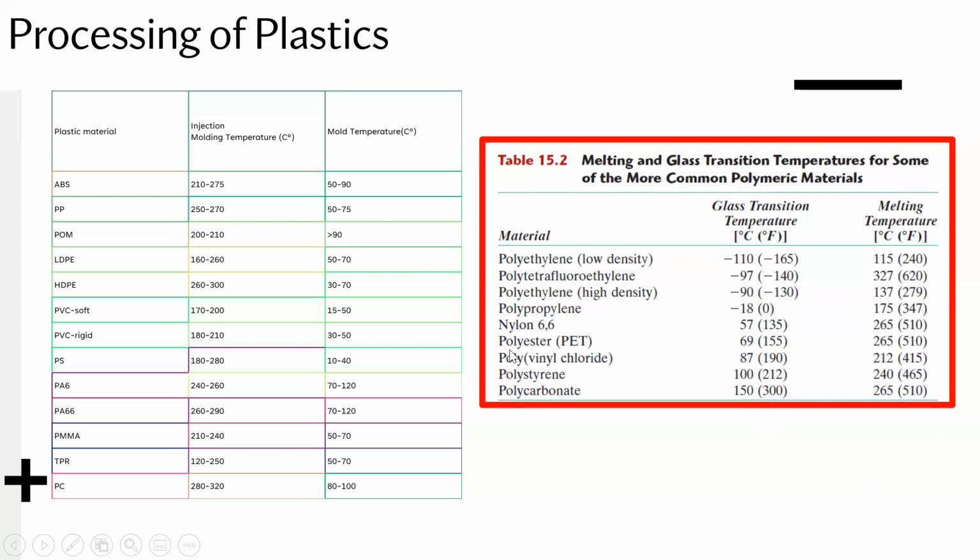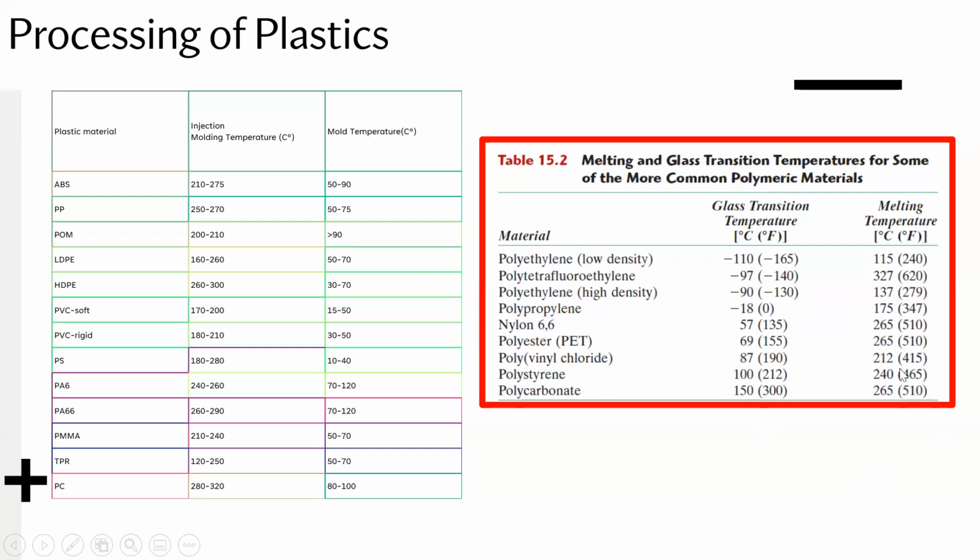If you find an object around you made of PVC, for instance, it's going to be quite brittle at room temperature. So you have to elevate it beyond 87 to be able to deform it. Whereas if you have an object made of PTFE or low density polyethylene, you're going to notice that at room temperature it's quite deformable. It's not going to snap when you exert some force on it.